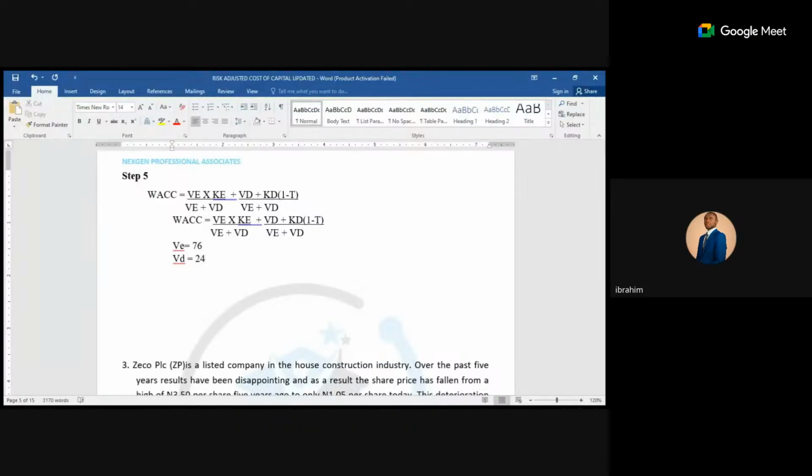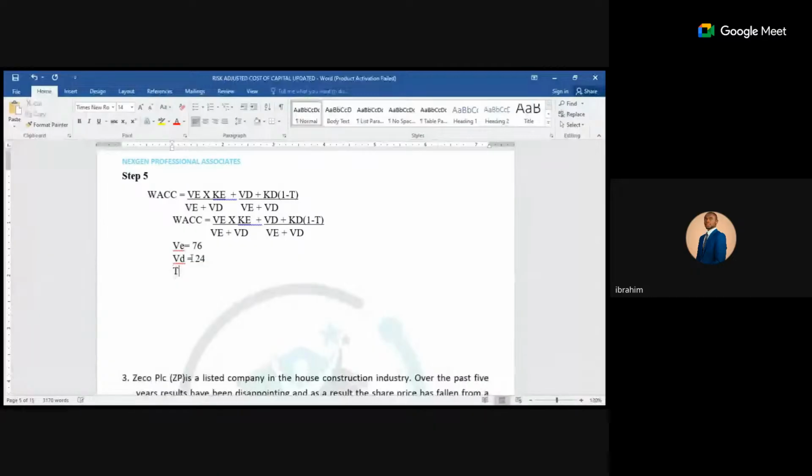So what is the tax rate? 25%, right? Yes, 25. So what else again? Cost of equity is 19% that we calculated, or 0.19.